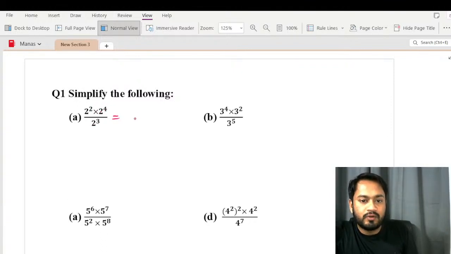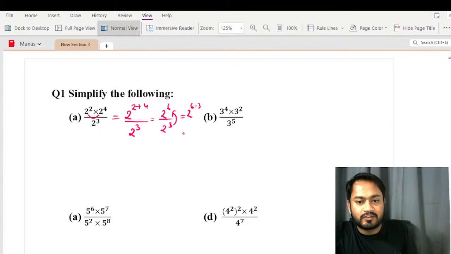The base is the same, so the powers will be added, 2 plus 4, divided by 2 raised to power 3. So this will become 2 raised to power 6 upon 2 raised to power 3. When this goes to the numerator, it becomes negative, so 2 raised to power 6 minus 3, so the final answer will be 2 raised to power 3.